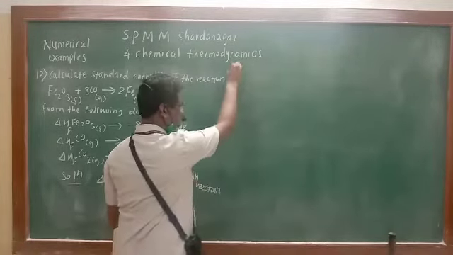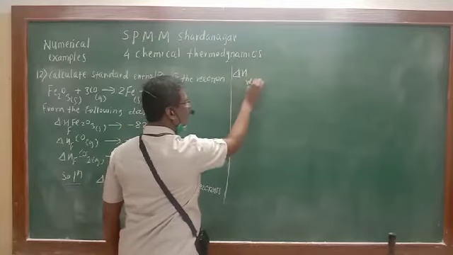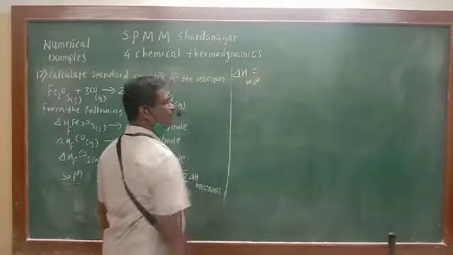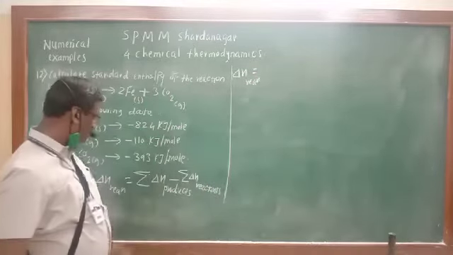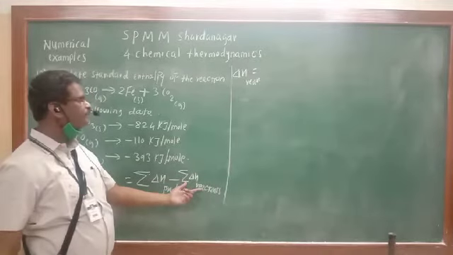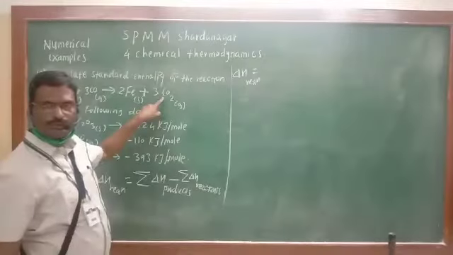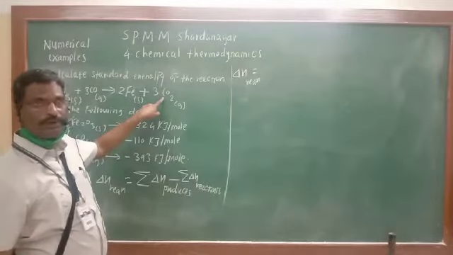See, what is it? Delta H of this reaction will be equal to enthalpy of products minus enthalpy of reactants. Which are the products? Fe and CO2. These are the two products.